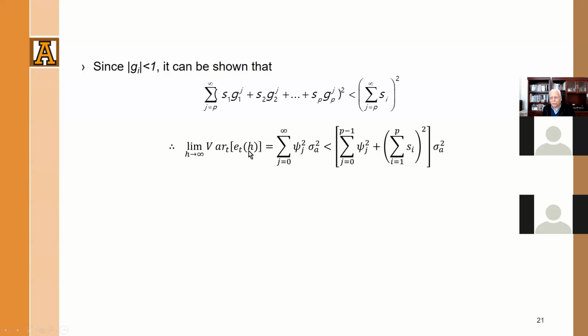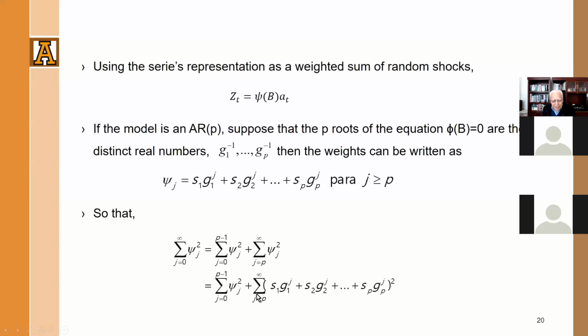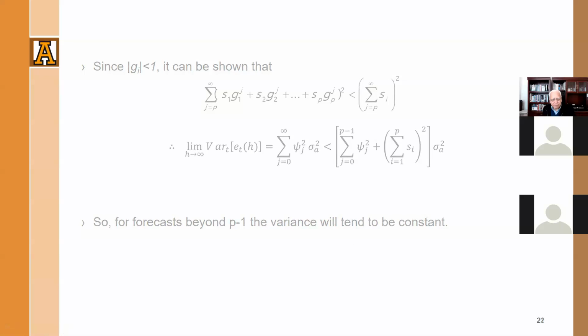Then the variance of the forecast error h periods ahead will be equal to the sum of the psi j's squared times sigma squared, but this will be bounded by the sum, because remember, this sum we expressed in these two terms. So the variance will be bounded.